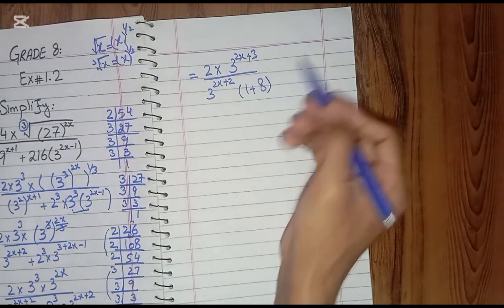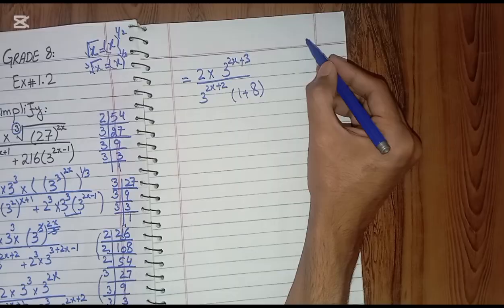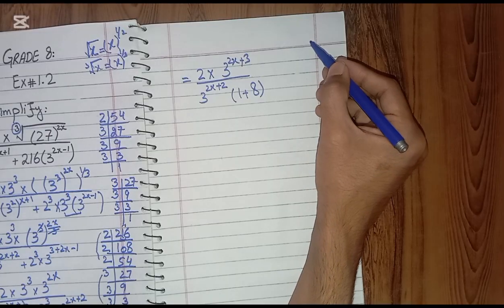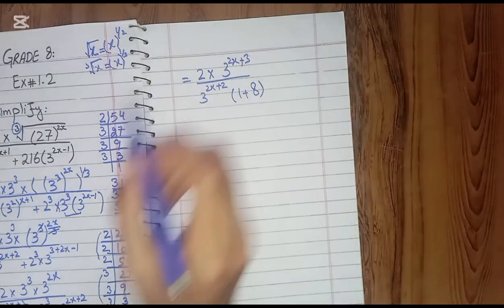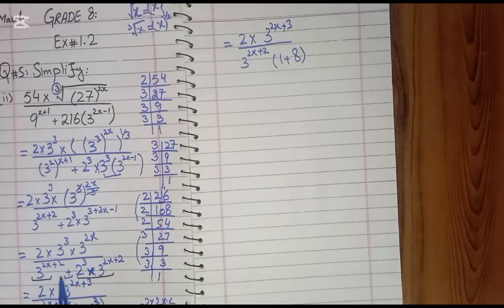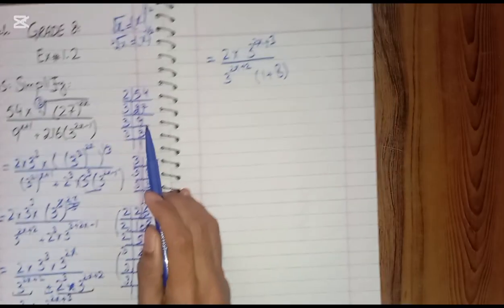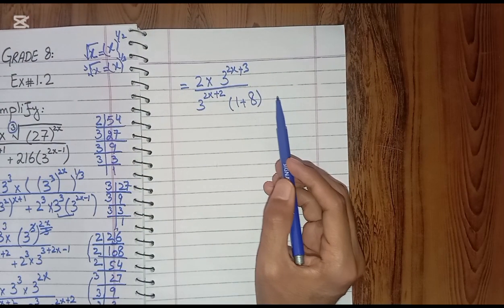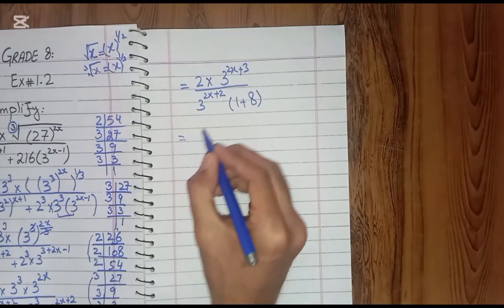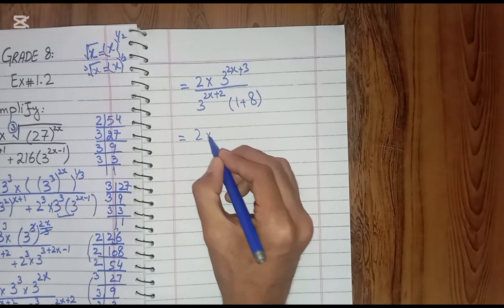There is another rule that if the bases are dividing, then we can subtract their powers. If the bases are multiplying, then we can add them, and if the bases are dividing, then we can subtract them. We write 2 multiplied by 3.